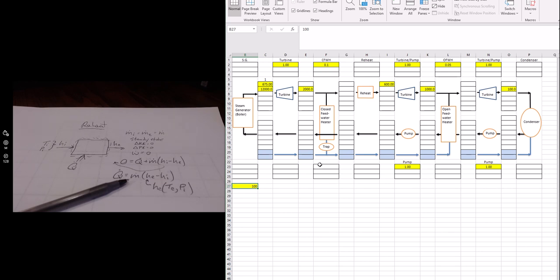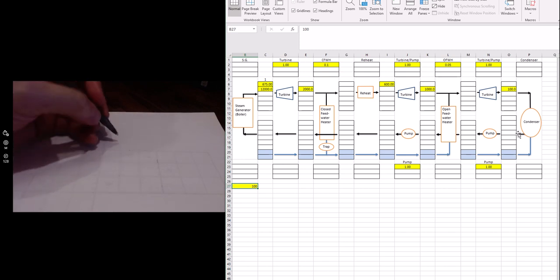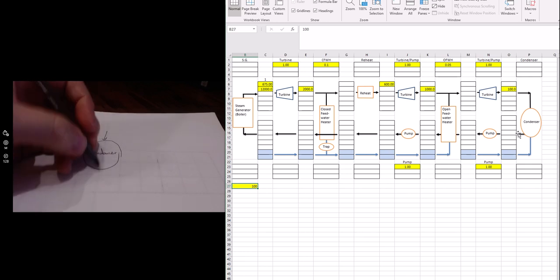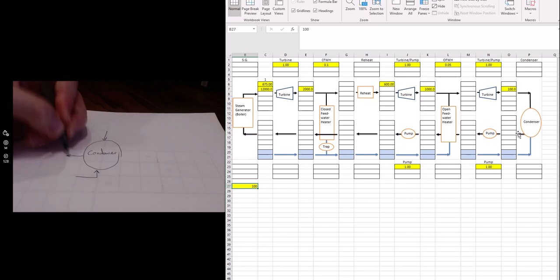So it'll be, well, really two inlets and one exit. So just write that out. So for the condenser, we have these two inlets and one exit.